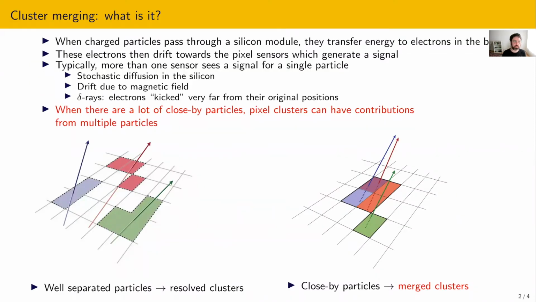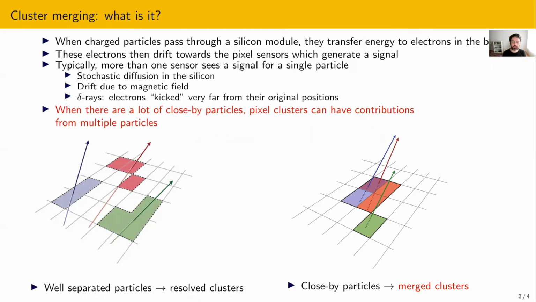So first of all, what is cluster merging? A charged particle passes through a silicon module in the detector and transfers energy to electrons in the bulk. When these electrons drift toward the pixel sensors and get collected by the electrodes, it generates a signal.